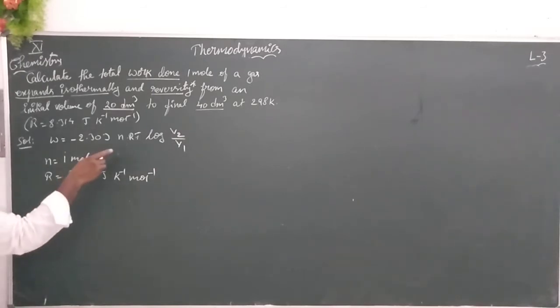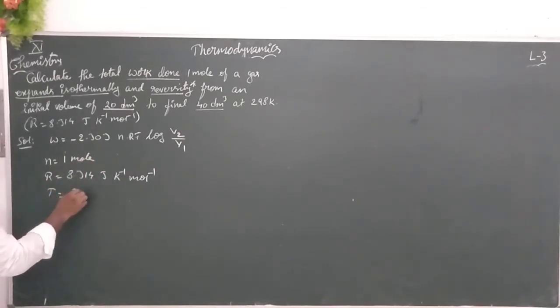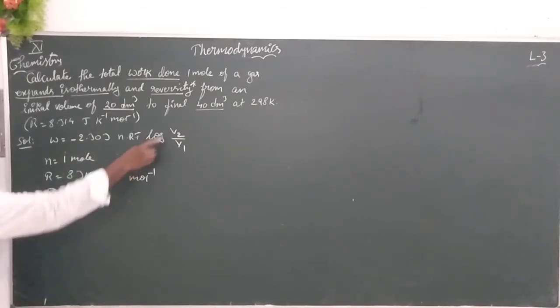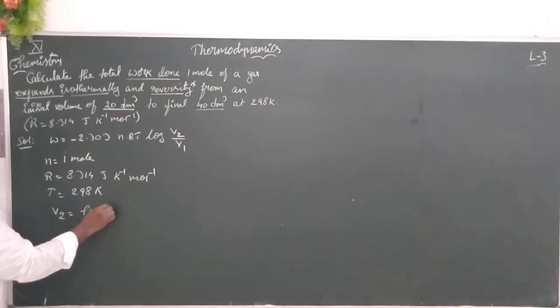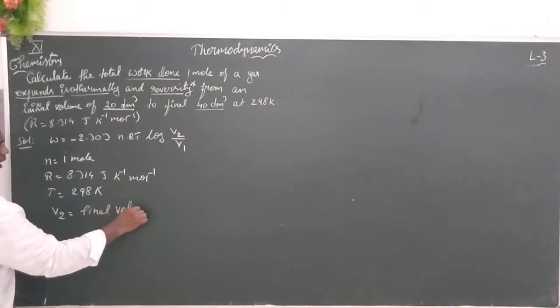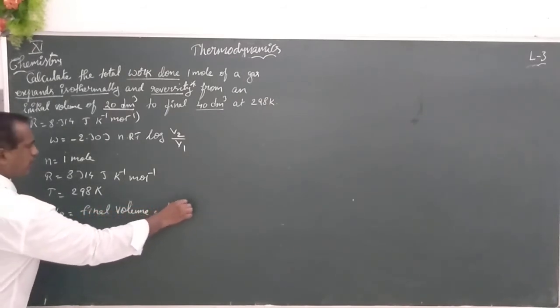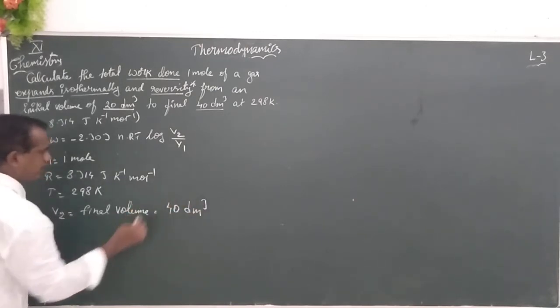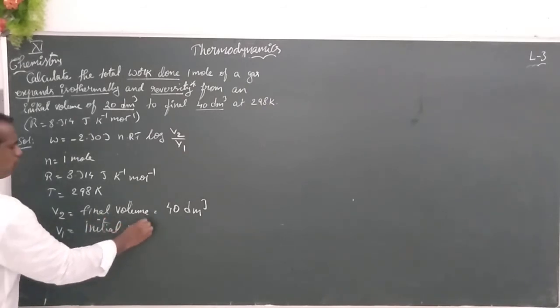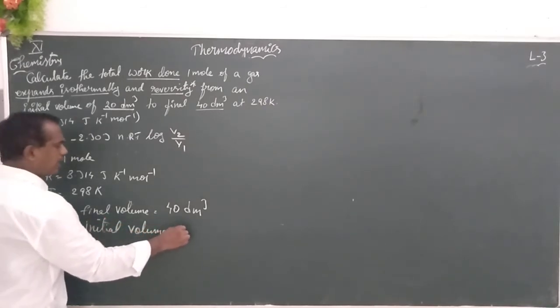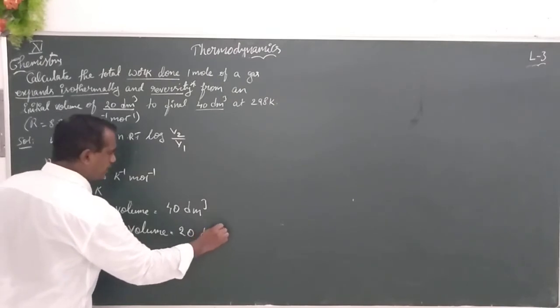And temperature, 298 Kelvin is given in the question. And V2 means the final volume. How much had they given? 40 cubic decimeter. And V1 is the initial volume, given as 20 cubic decimeter.